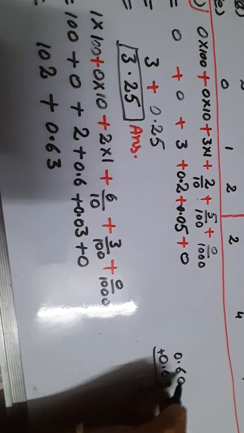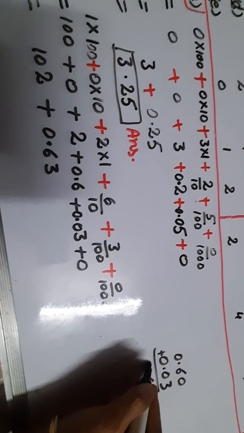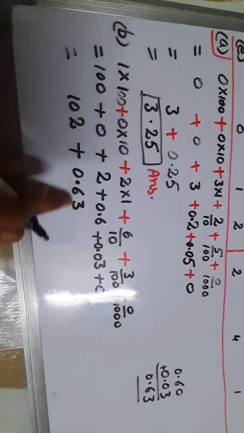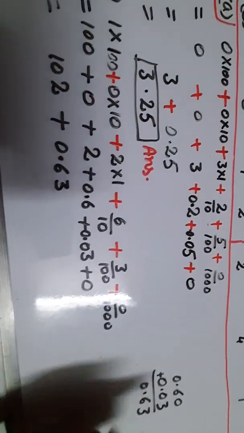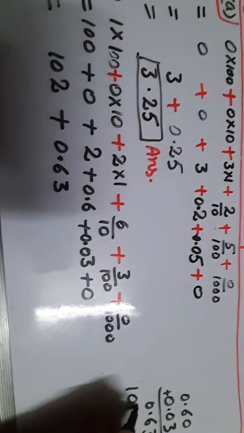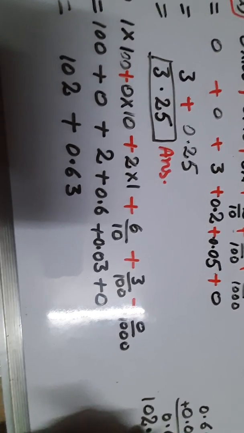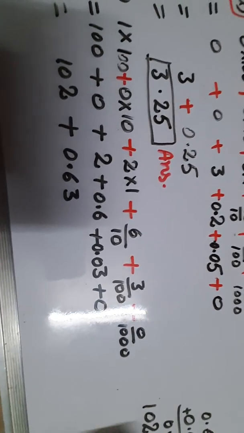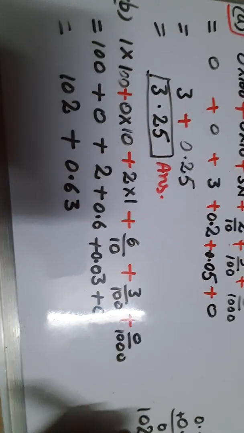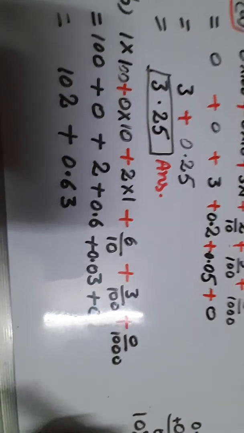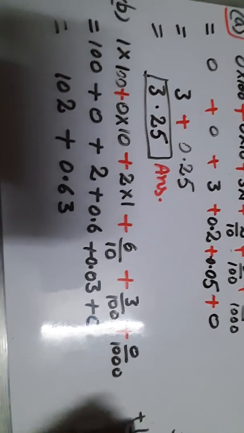Again, you know how to add it. 0 plus 3 is 3, 6 plus 0 is 6, decimal, 0. Now add the two. To add them, we'll take 102 like this and place the decimal under the decimal. This is 102. There is no digit after the decimal, so we'll take 0 0 like this. So again add it.